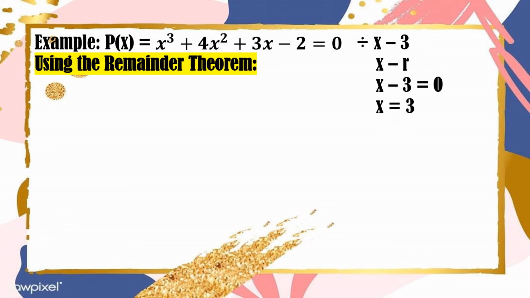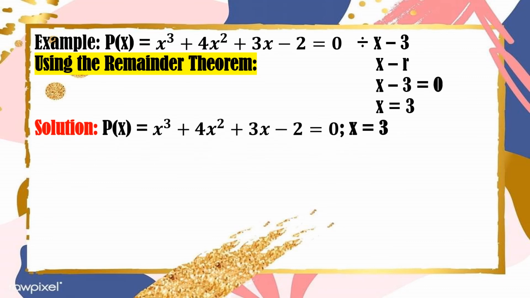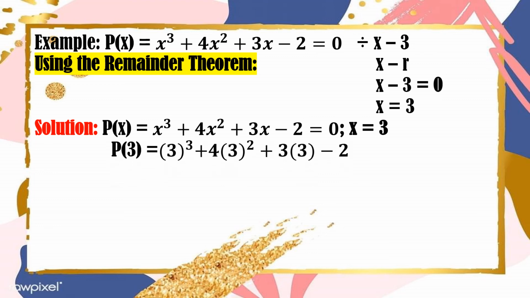Then, x will be equal to 3. This time, we're going to substitute the value of x, which is 3, in the polynomial equation.